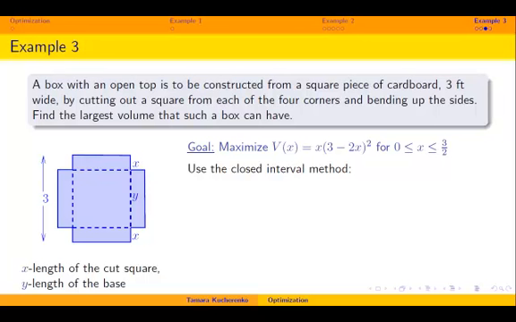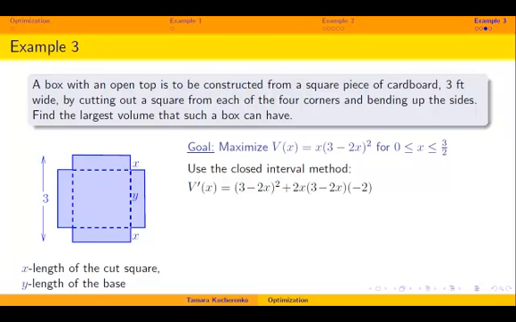We compute the derivative of V using the product and the chain rule. V prime of x equals (3 minus 2x) squared plus 2 times x times (3 minus 2x) times negative 2.